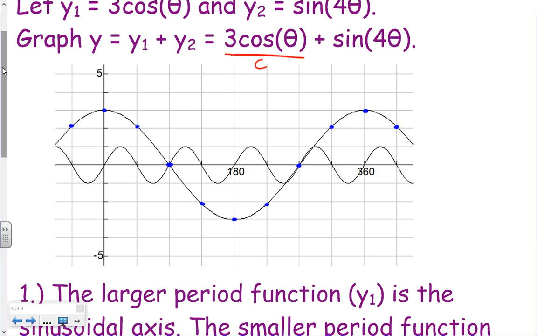All right, so let's start out with the high points, and then we'll come back and do the low points. So it looks like we hit a high point right here, and that's 1 unit above the x-axis. So then I'm going to come up here, and I'm going to mark 1 unit above that y1 curve, which is about right here, as a point that we're going to go through. Here I hit a high point, so I'm going to come down here, and I'm going to mark a point that's 1 unit above. It'll be somewhere about right there.